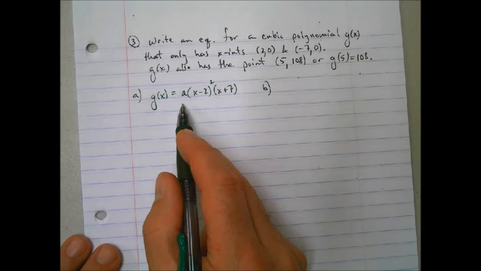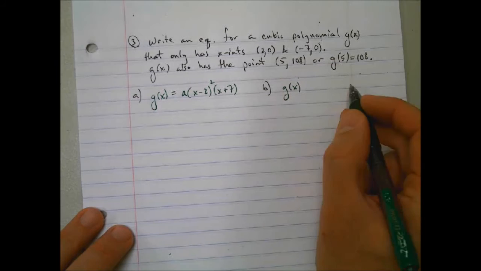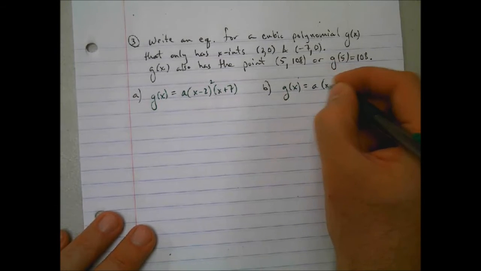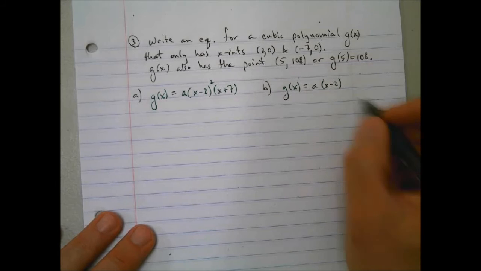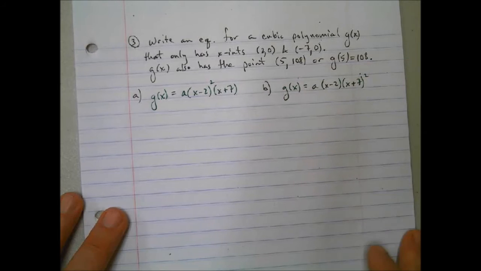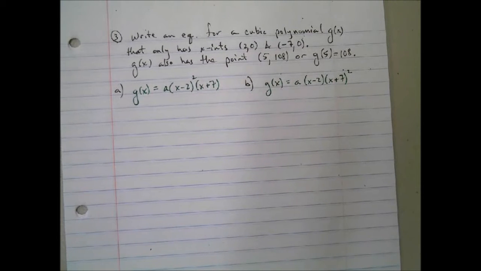And there is a coefficient out in front. Just put an A there. We're going to solve for it. And then we're going to do the other possibility on the other one. So g of x equals A times x minus 2 to the first times x plus 7 to the second. And we'll just work out both possibilities.